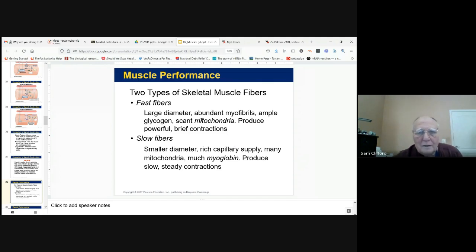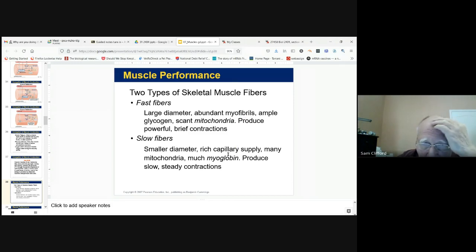But depending upon if you need brief, powerful contractions, that's the fast fibers. If you need slow fibers to have a slow, steady contraction, so these muscle fibers are different in diameter, different in the amount of myofibrils, which means the amount of actin and myosin packed in each myofibril.